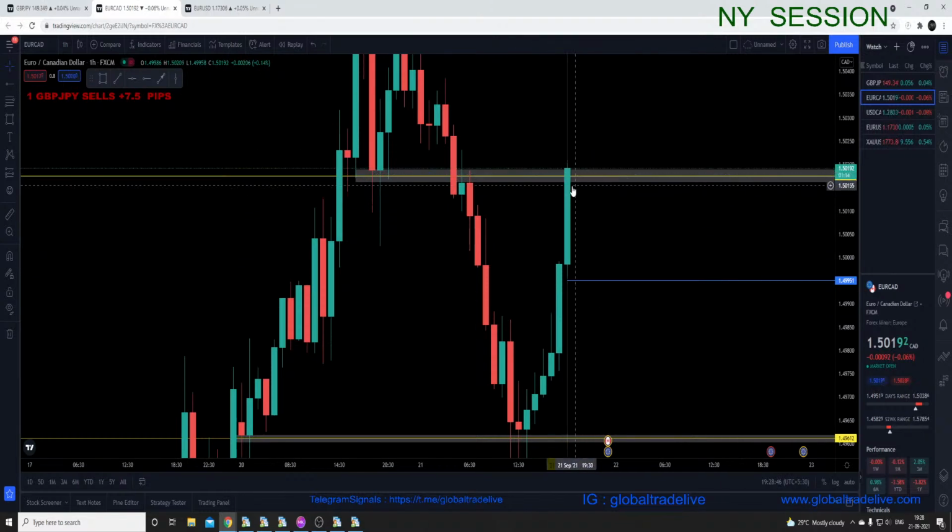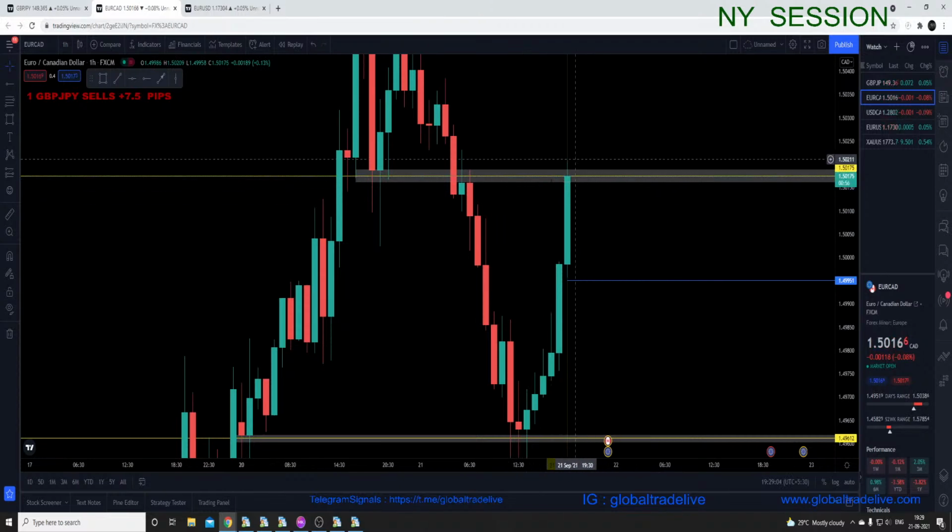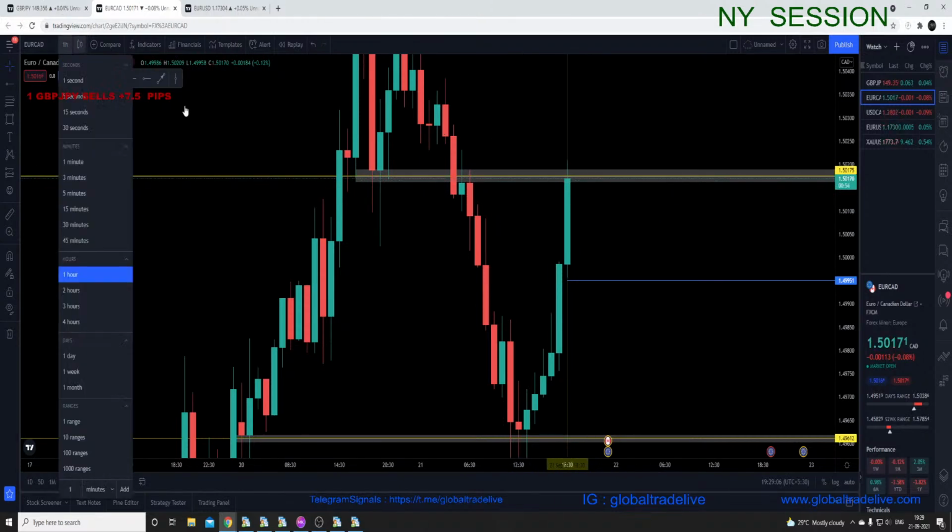But if this candle closes outside like it's doing, closing above the 1.50175 level, then when the next candle breaks the high, I'm gonna take the buy trade. But let's see, it totally depends on how this candle closes.